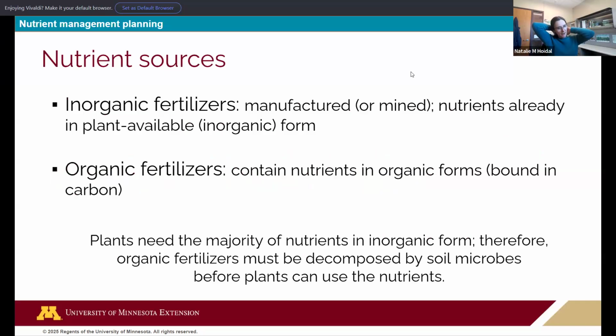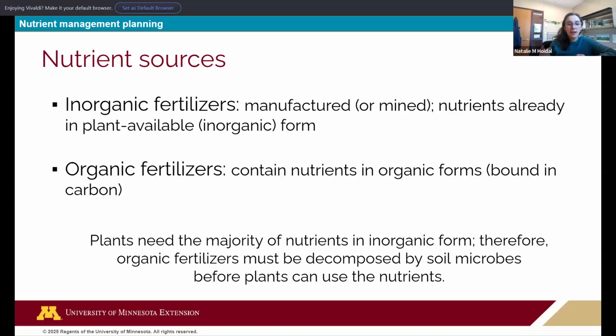So before we get super specific, let's talk about different nutrient sources that you could add to your fields. We have two broad categories, inorganic and organic fertilizers, and that doesn't have anything to do with certification. It's more the form that these nutrients are in. Inorganic fertilizers are typically manufactured or mined, and the nutrients are already in plant available form.